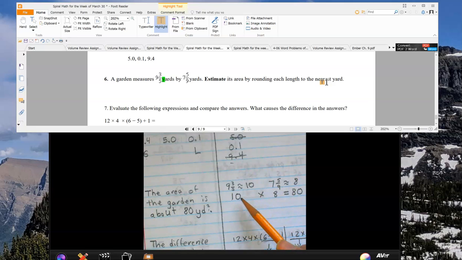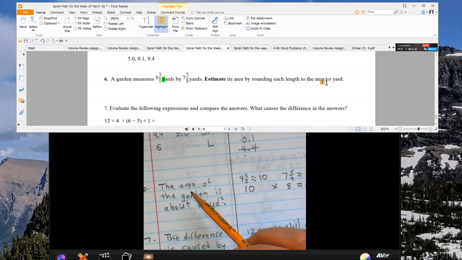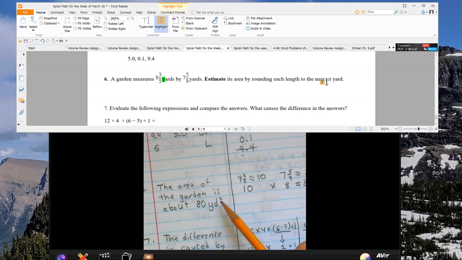So now I'm going to be multiplying 10 times 8 to get the area of the garden. I'm going to put area of garden, and I want the word about in there because I'm doing some estimating today. I have about 80 square yards, making sure that you have that little exponent up there to show that it is area.